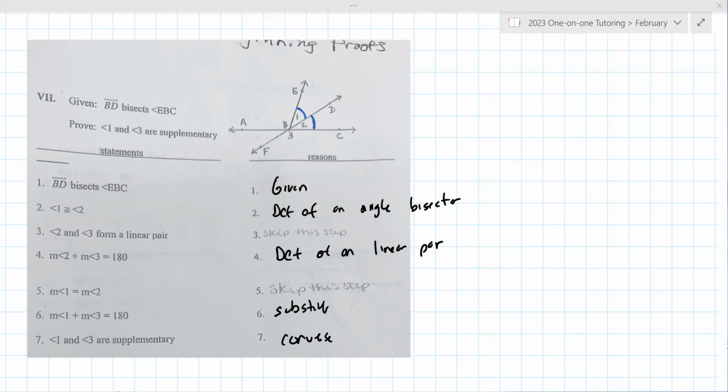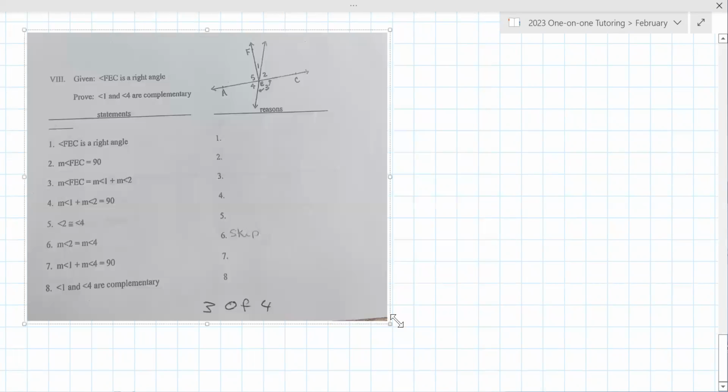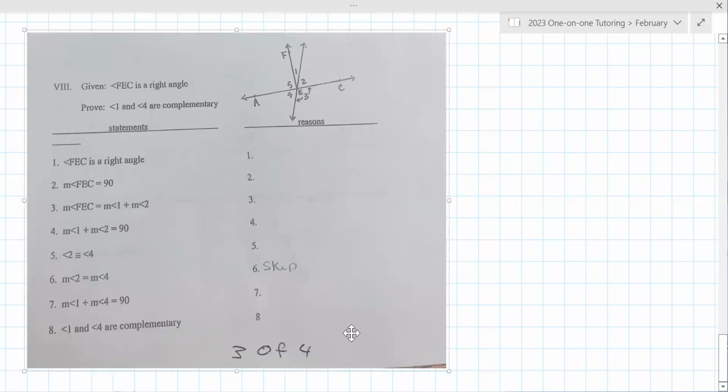All right, let me get this one snipped in. It says here angle FEC is a right angle.